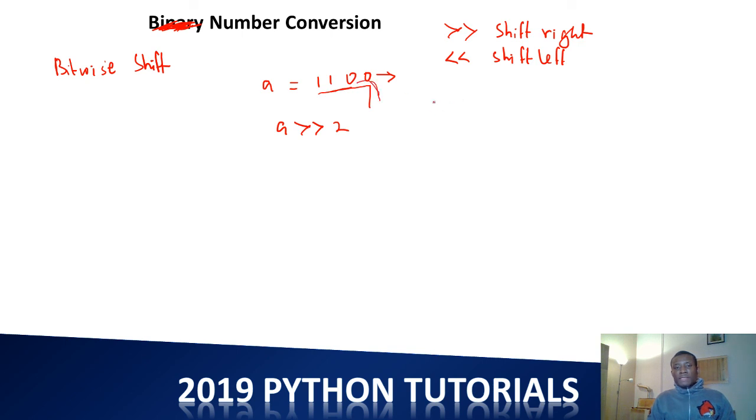So what you have is some blank space and then 1 1, because you've already thrown away 2 zeros. And when you do a shift in that way, the space that is created is replaced by 0. So A shift right by 2 will be the same as, let me write it, 1100 shift right by 2 will be the same as 0011. So that is shift right.